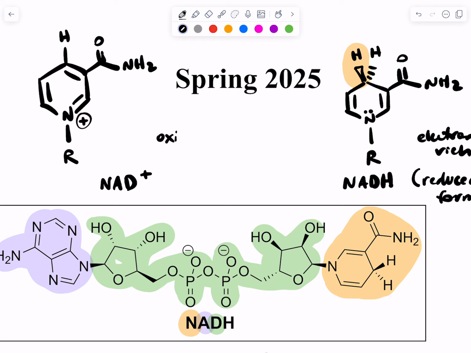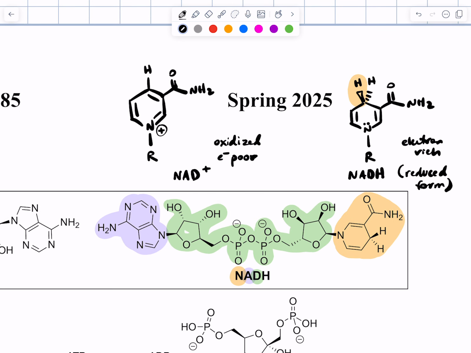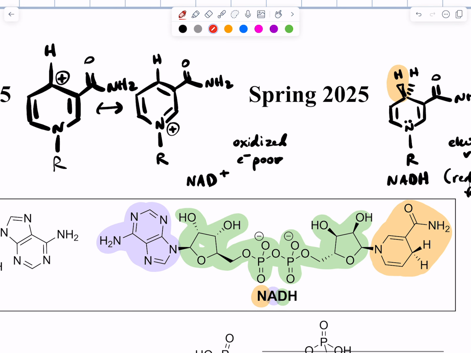So NAD+ is oxidized and it is electron poor. One way to see this is to draw a resonance structure of NAD+ that looks more like NADH, but at the carbon that is opposite the nitrogen, there's a positive formal charge. You could get to that resonance structure simply by pushing the arrows like this.